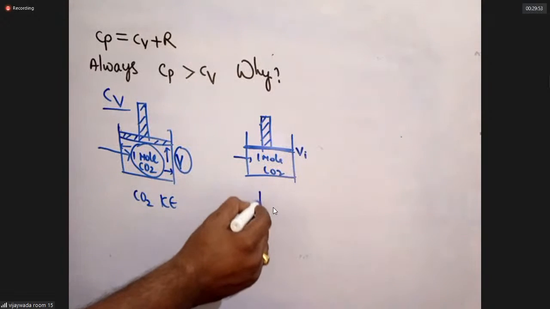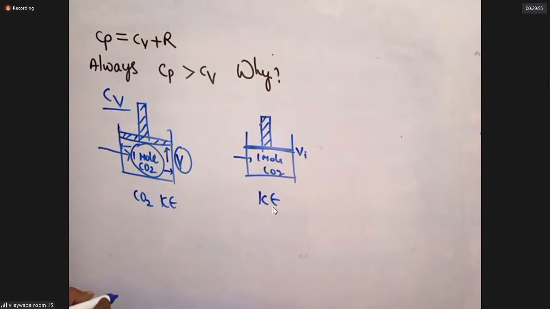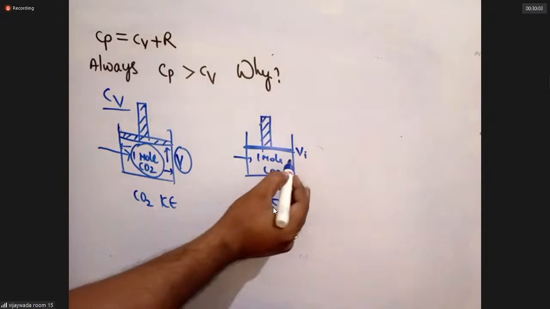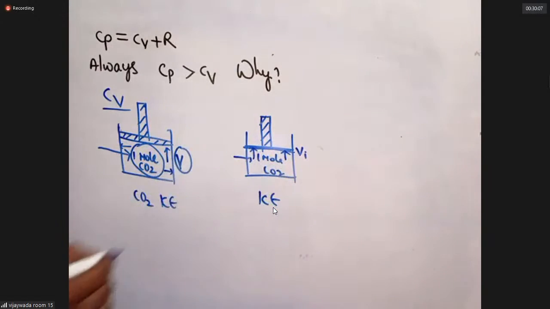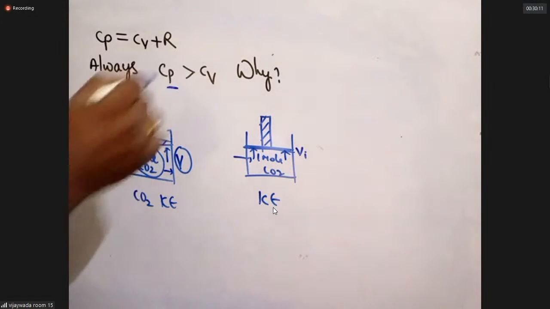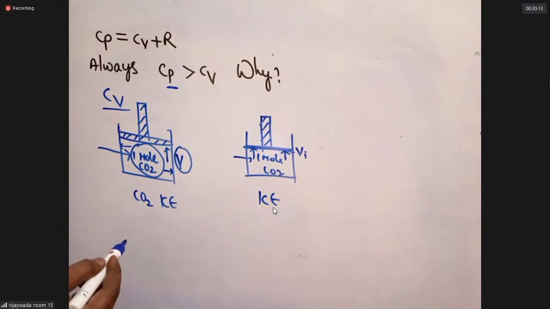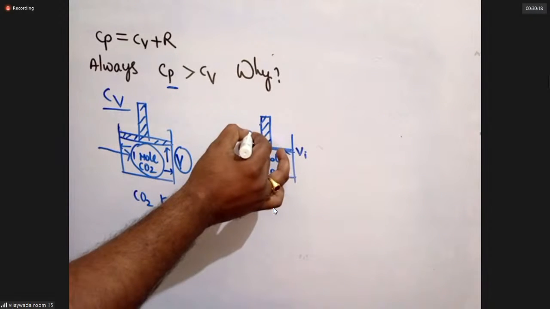So kinetic energies increase. When kinetic energies increase, definitely they exert high pressure on the walls of the container. Carbon dioxide hits this frictionless piston with high pressure. But the problem, you should keep pressure constant. How can the system keep pressure constant? By increasing its volume.